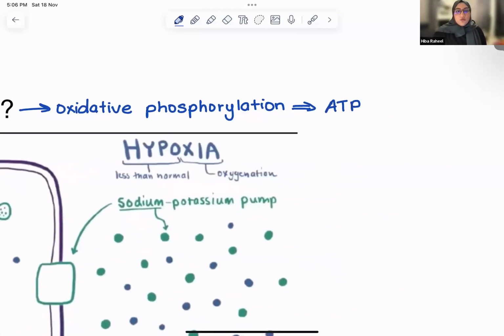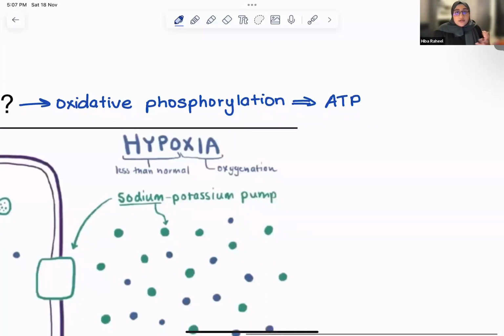ATP. Now, what is the responsibility of ATP? ATP is a molecule that runs the important mechanisms in our body. Most of the cellular processes, mechanisms and reactions rely on the production of ATP. So what do we need ATP for?